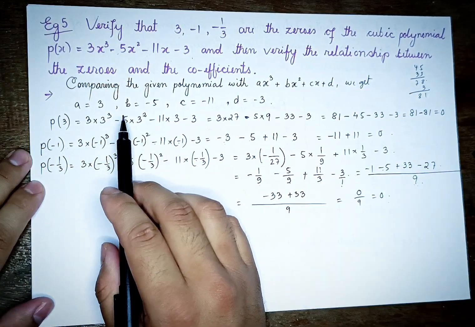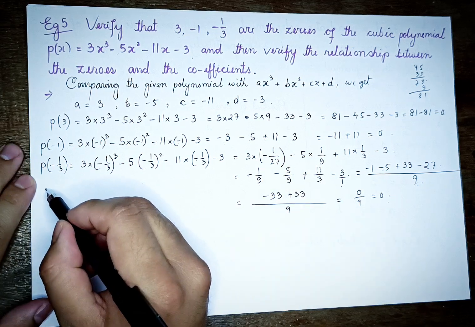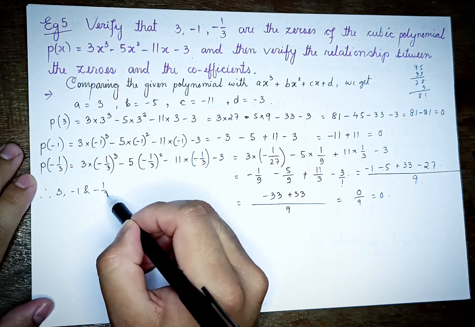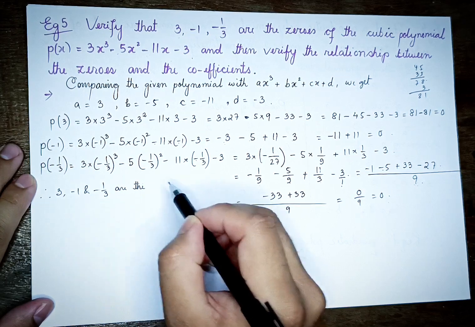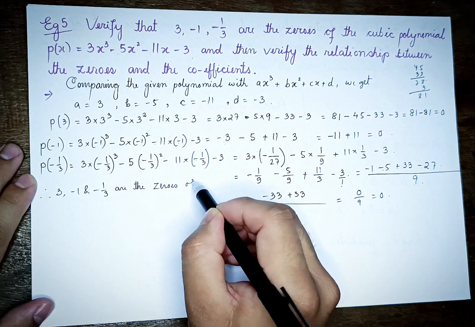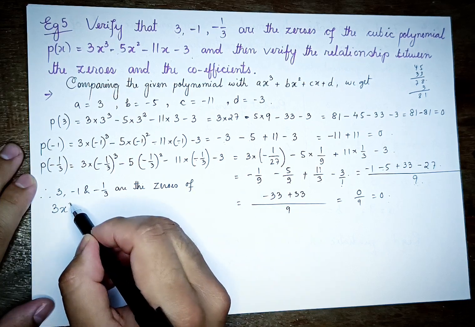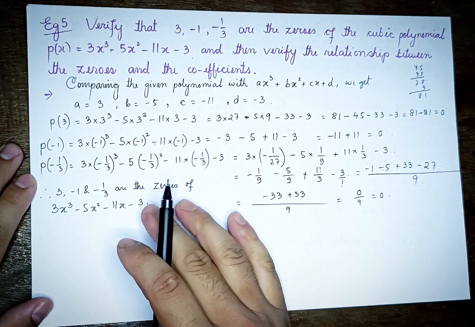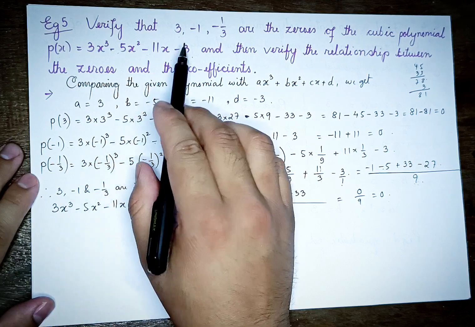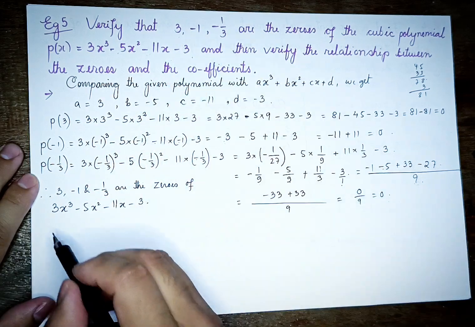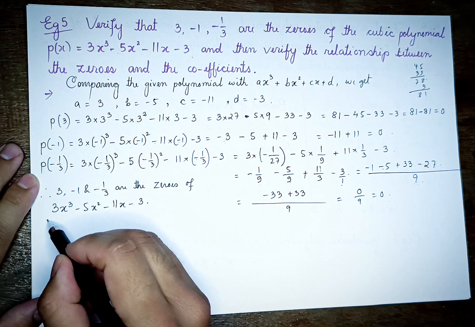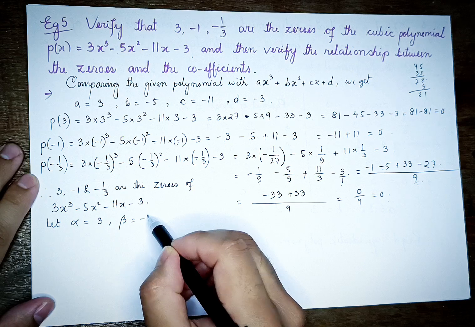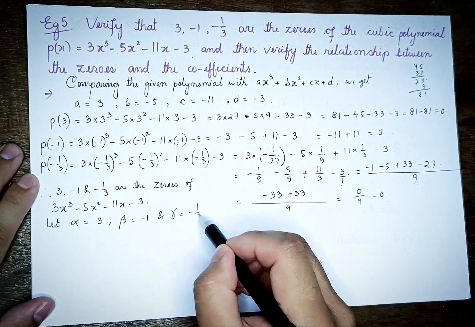Okay. Next, therefore, we can write that 3, minus 1 and minus 1 by 3 are the zeros of 3x cubed minus 5x squared minus 11x minus 3. Okay, we can take these as alpha, beta and gamma. Let alpha equal to 3 and beta equal to minus 1 and gamma equal to minus 1 by 3.